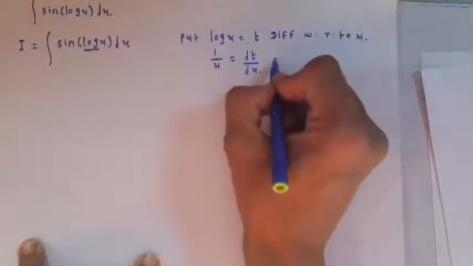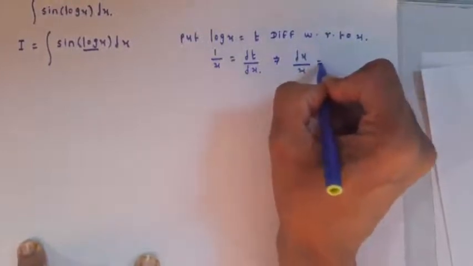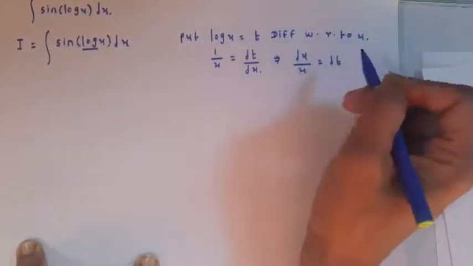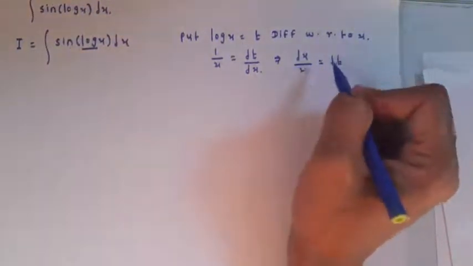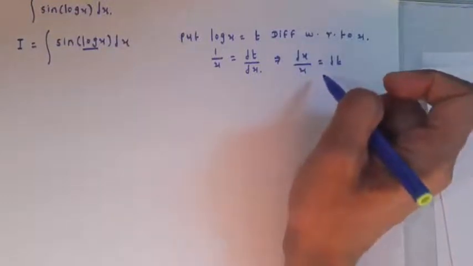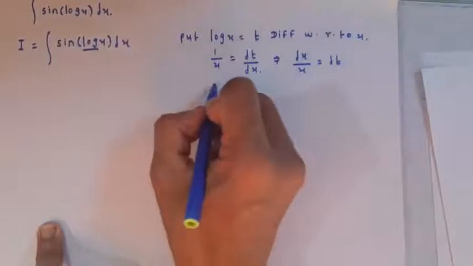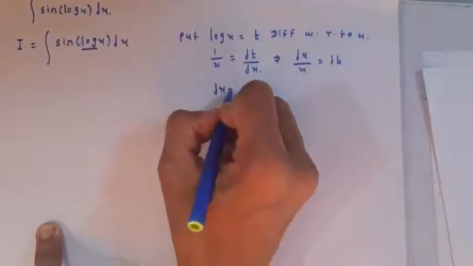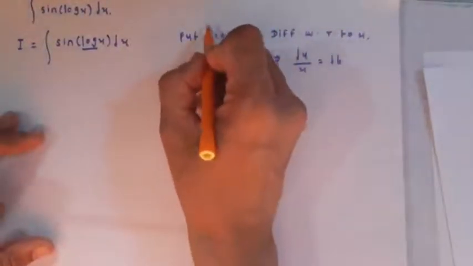This implies dx upon x equal to dt, or we can write dx equal to x into dt.